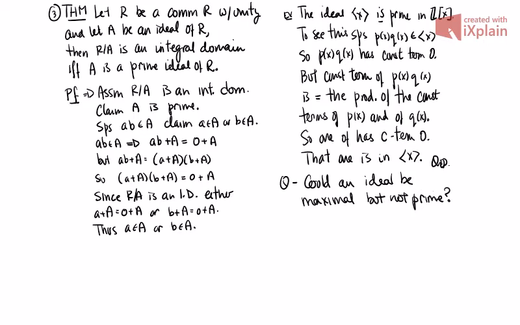And again, the thing to keep in mind here is that it's the fact that R mod A is an integral domain: when you take two things in R mod A and multiply them and get 0, one of them must be 0. So backward direction next. For the backward direction, we're going to suppose that A is a prime ideal.